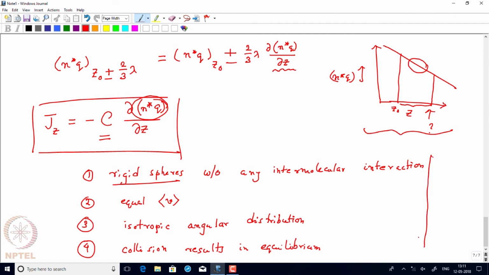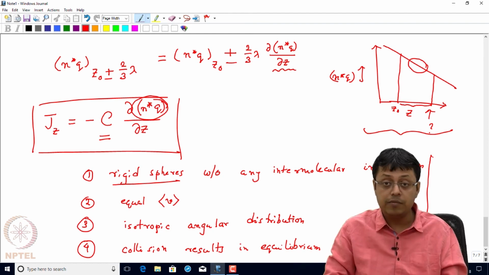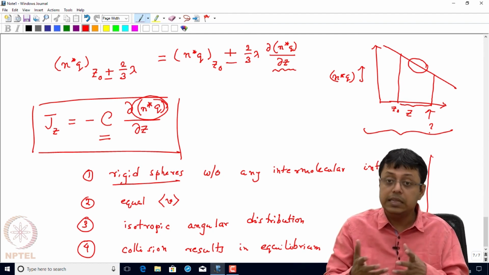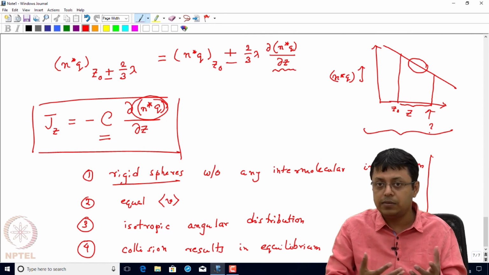and those assumptions make this analysis very simple, because all we want to do is to understand the physics behind the transport phenomena in a very simple way. And again, at the very beginning we said that the right way of doing it is to consider the angular distribution and the proper gradient. These are all vector quantities, although we are dealing with them as if they are scalar quantities, which is not correct.